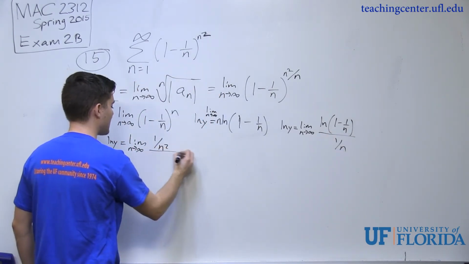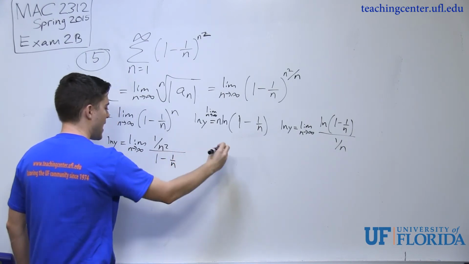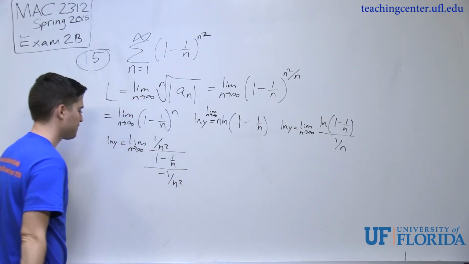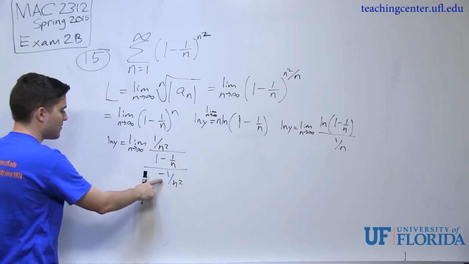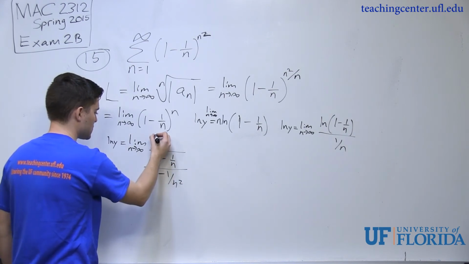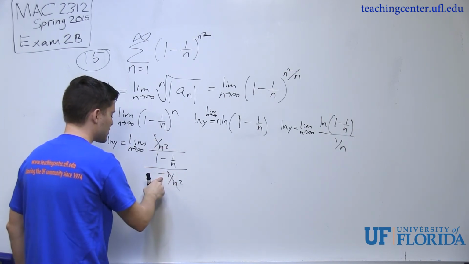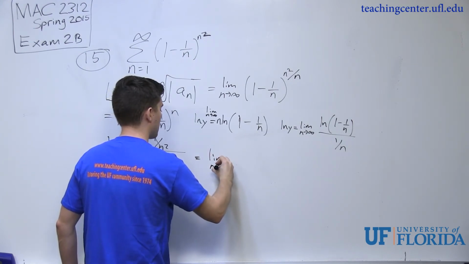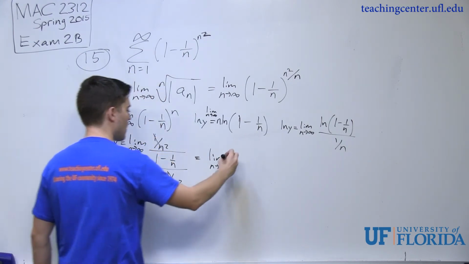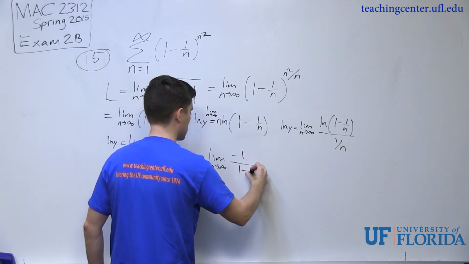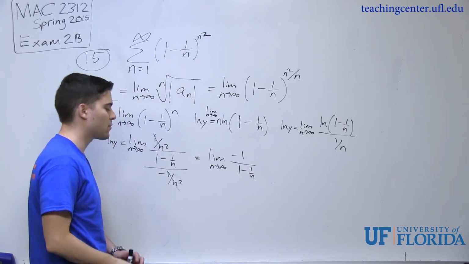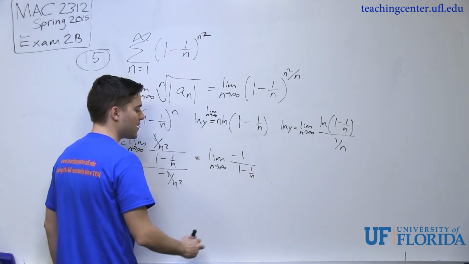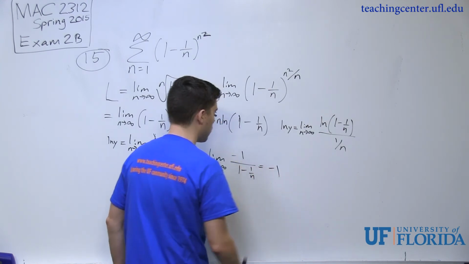So I end up getting that over 1 minus 1 over n, and then on the bottom, if I take the derivative, I end up getting negative 1 over n squared. So these terms can cancel, and I'm left with an extra negative out front, so I have the limit as n approaches infinity of negative 1 over 1 minus 1 over n. If I take the limit of this as n approaches infinity, it's no longer indeterminate, so I can evaluate it. 1 over infinity goes to 0, so I'm left with negative 1.